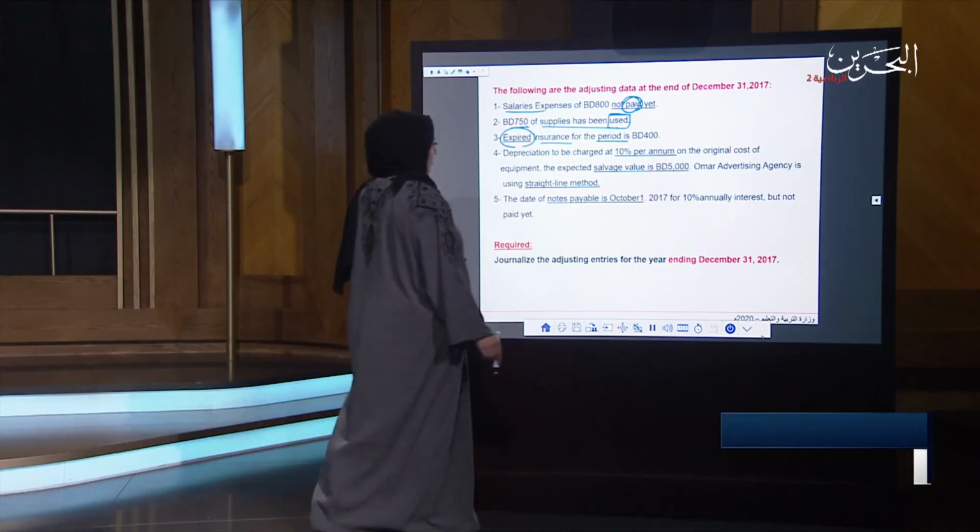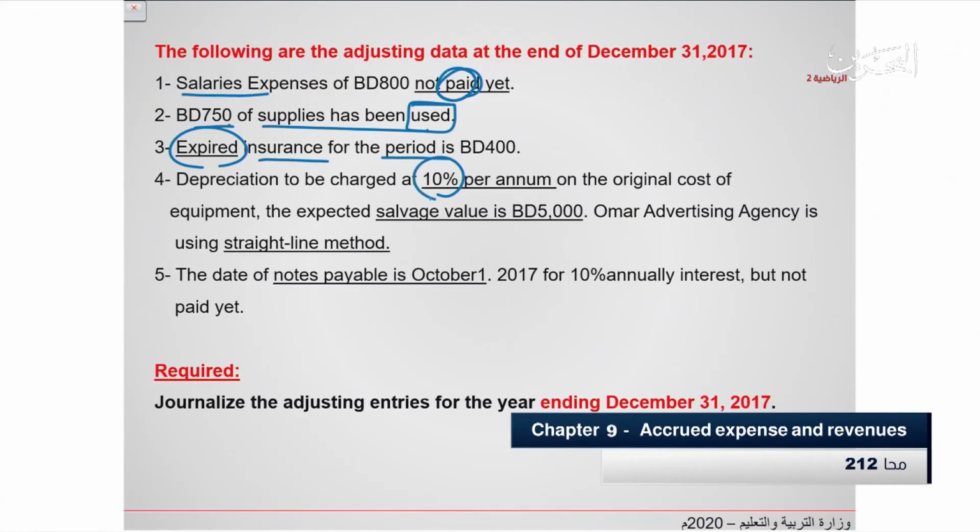Depreciation to be charged is 10% per annum of original cost of equipment. The expected salvage value is 5,000. Umar Advertising Agency is using straight line. So I will take the original cost. It is not mentioned in the question, so I will take it from the trial balance.